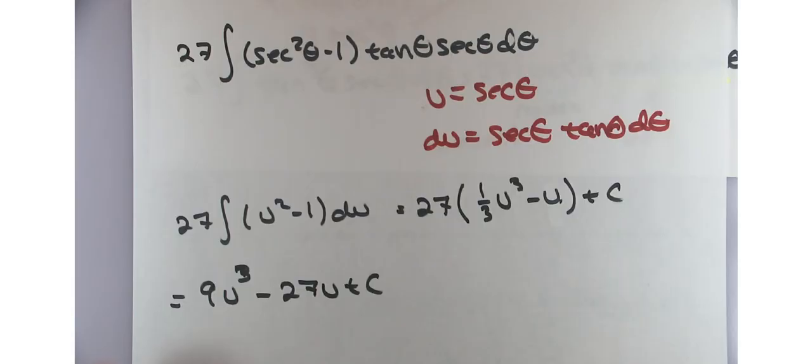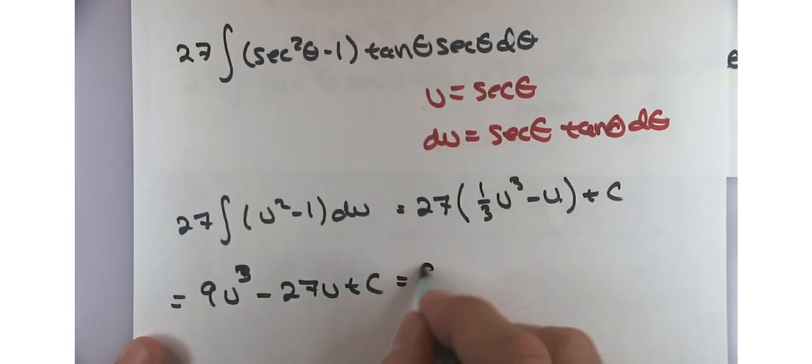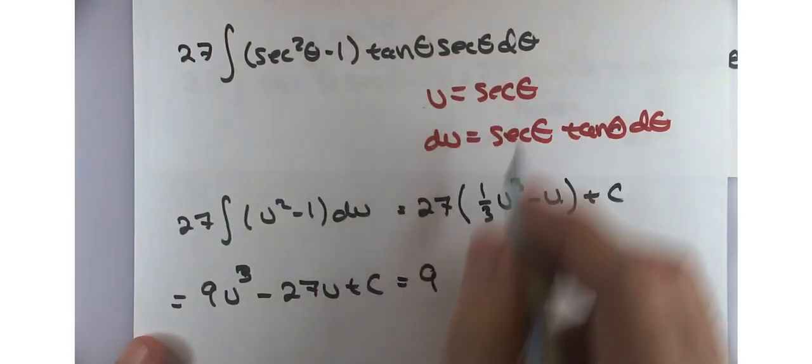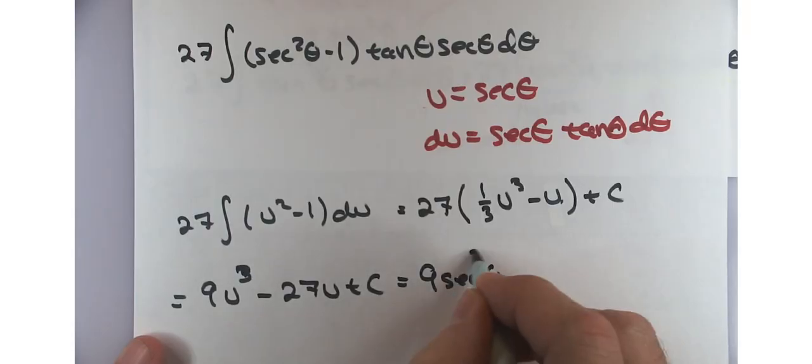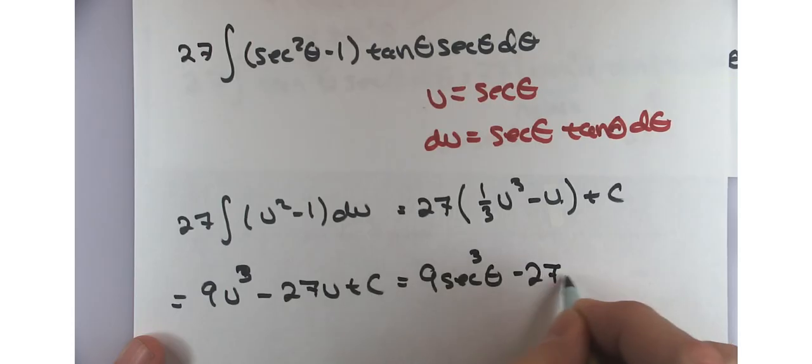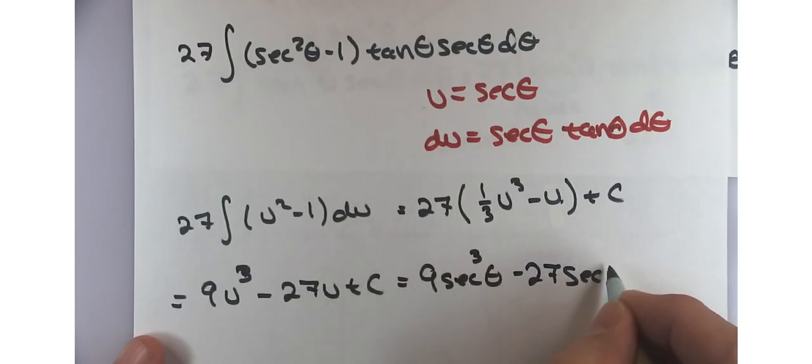And let's go back a little bit. That's going to be 9 times the secant of theta cubed minus 27 times the secant of theta plus your constant.